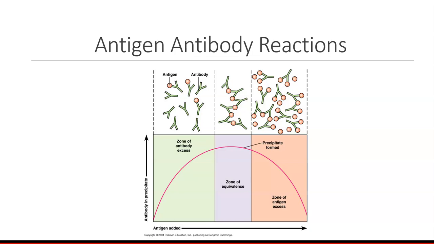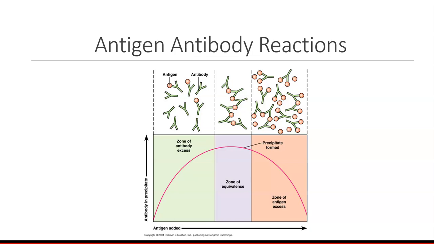On the very right-hand side, we have postzone, which is antigen excess. There is so much antigen present that every fragment antigen binding site on the antibody molecule is coated with a different antigen. We're not getting the side-by-side connectivity of a single antibody molecule to an antigen over here and an antigen over there.